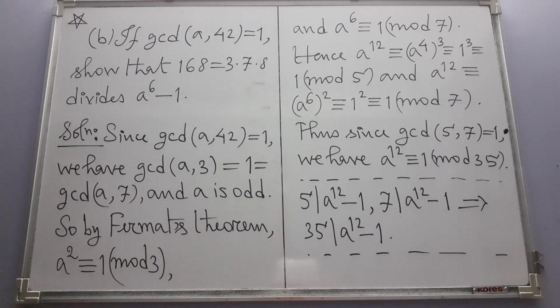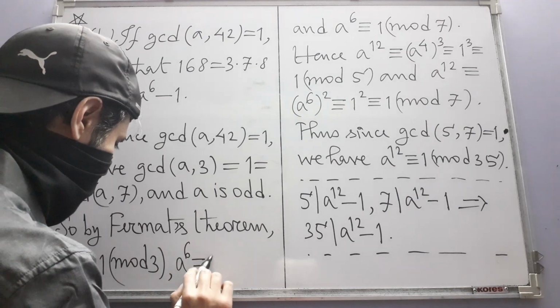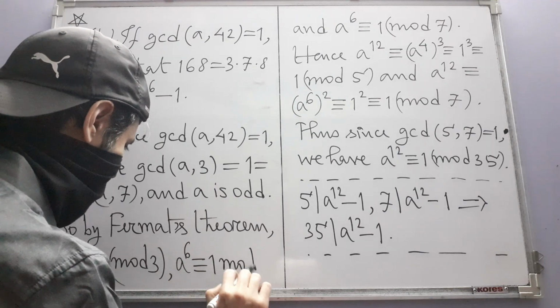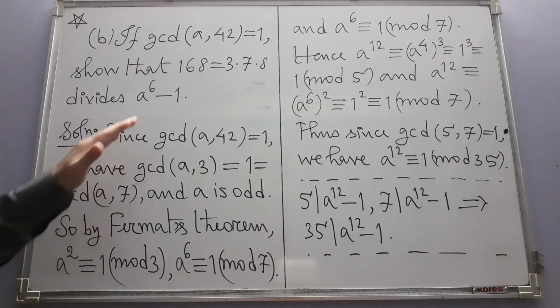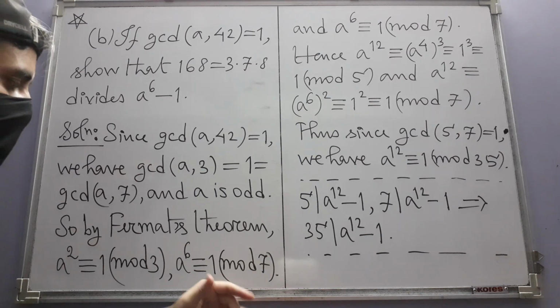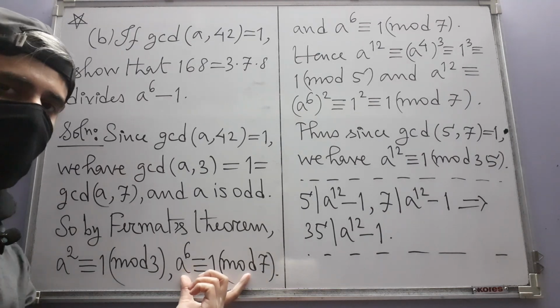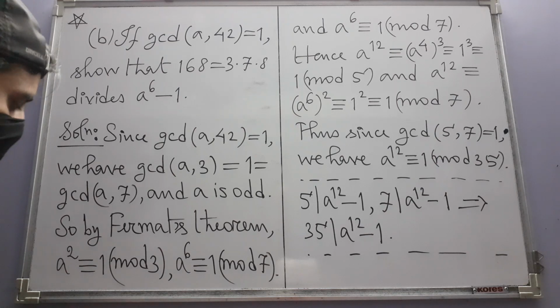And the second one for the prime 7 is this. This is congruent to 1 mod 7. The thing that we want to show is that this divides A to the power 6 minus 1. For the prime 7 at least, we have already got it in the final form because 7 divides A to the power 6 minus 1. But this one we have to change a little.